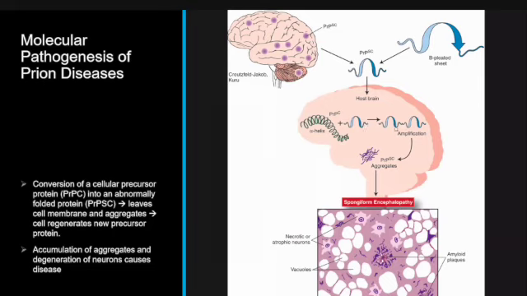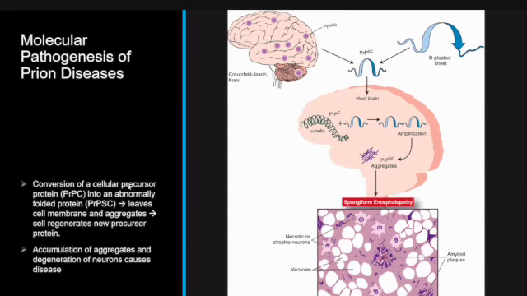And as they collect inside the interstitial space in the tissues themselves, they will aggregate. That's what this middle diagram is showing. And then much like in Alzheimer's disease, they will form plaques and tangles that disrupt normal neural communication, which then will result in the degeneration of healthy neurons within the brain.